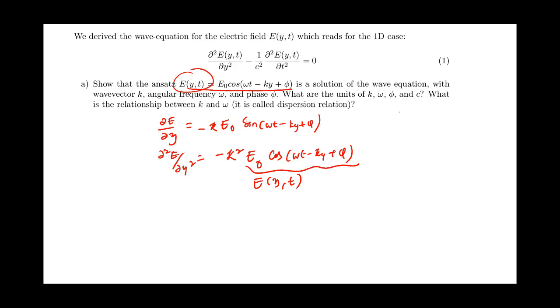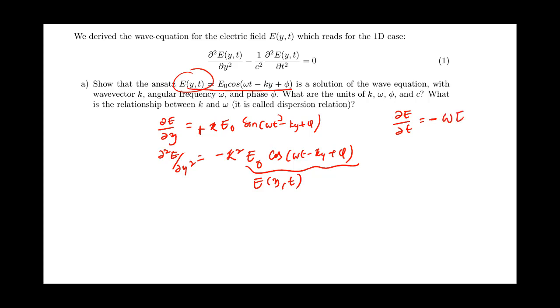And if you do dou E by dou t, again you would have the same thing. Here, because this is negative, you would get a positive sign, and because this is negative, again you get a negative sign. That's right.